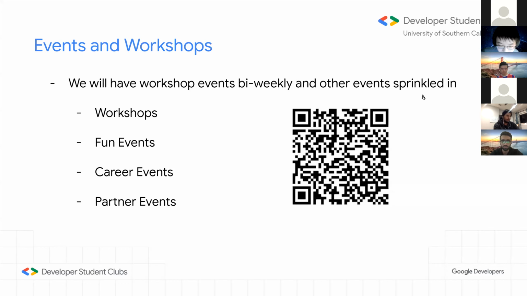It's a Google Calendar, so we'll be updating it periodically whenever we have new events, and you'll be able to see what we've been planning and join in on the Zoom links that will be showing up. So right now we have a couple events planned, and we'll be adding more as time passes.